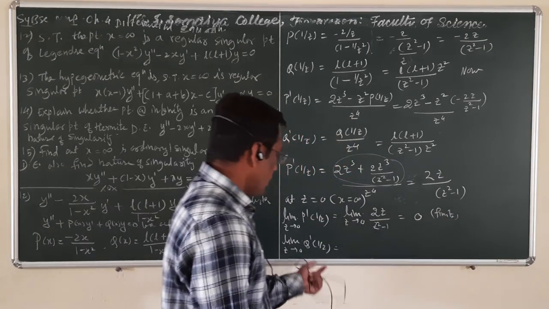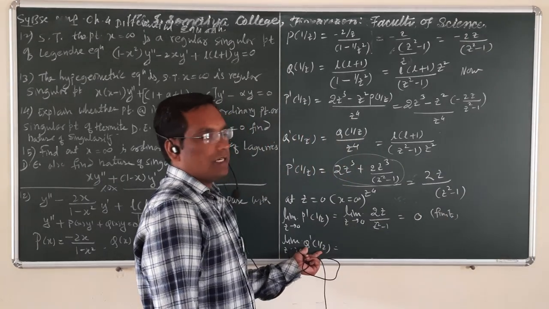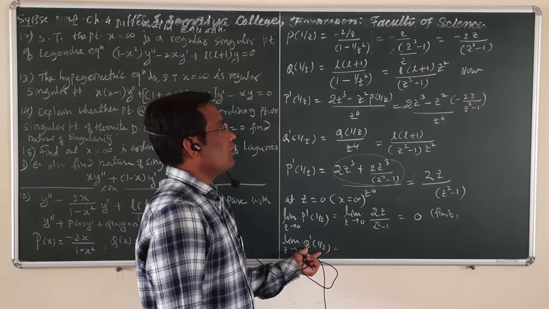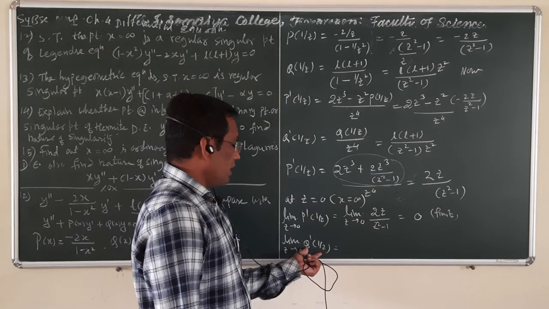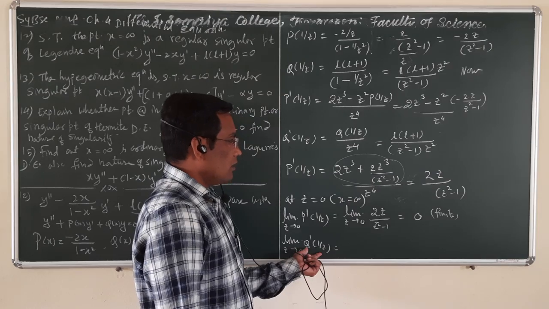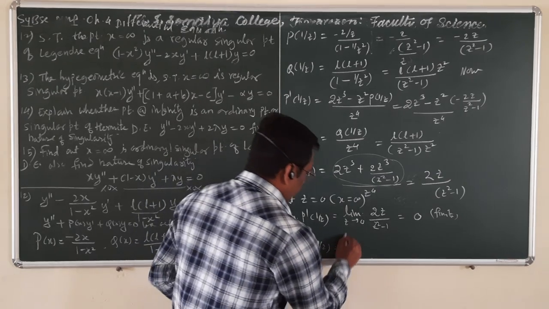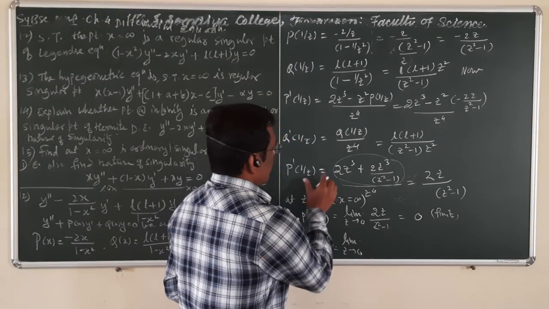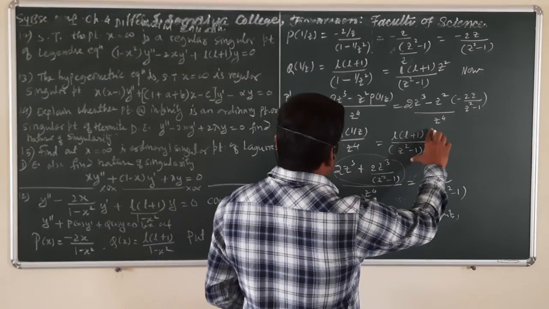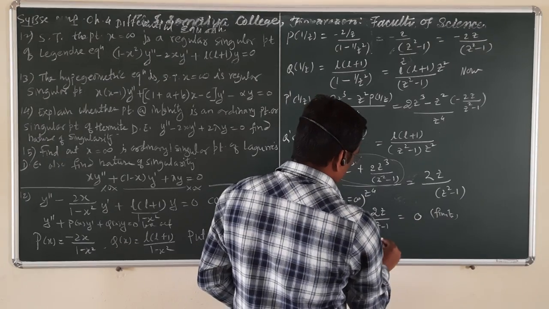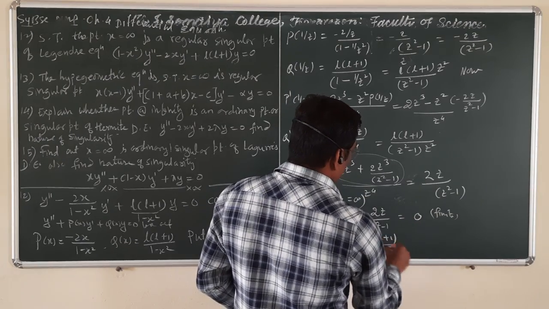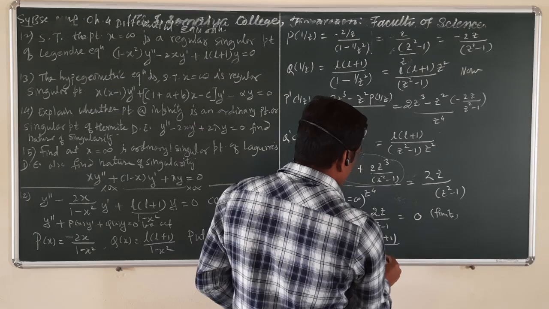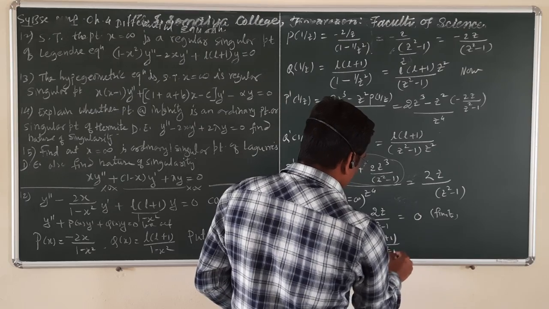Now Q dash of 1 upon Z. For Q dash of 1 upon Z, what will we have? Limit as Z tends to 0, Q dash of 1 upon Z is this: L into L plus 1 divided by Z square into Z square minus 1.